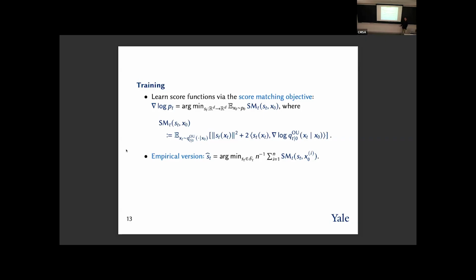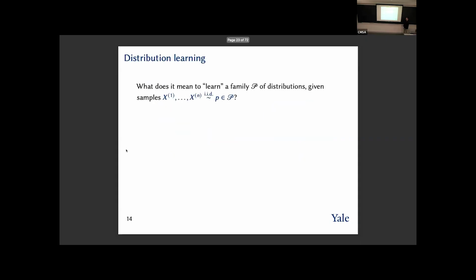Instead, what I would argue is that the right way to think about generative modeling is that you're trying to learn the data distribution from samples. So it's really a problem of distribution learning, and I'll try to clarify that with this slide. So we're going to talk about distribution learning. Let's start with the basics. What does it really mean to learn a family of distributions given IID samples from a member of this family?